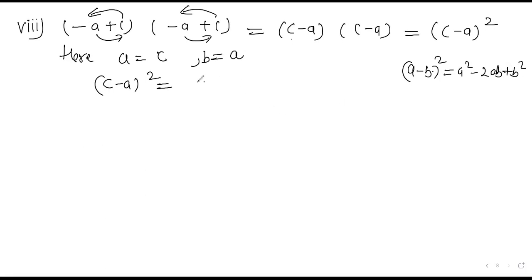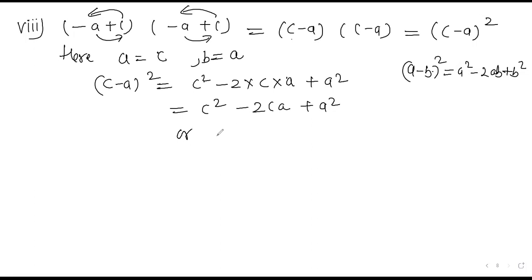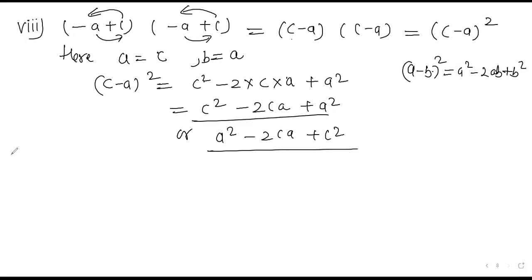So c square minus 2 into c into a, plus a square. So you will write c square minus 2ca plus a square. Okay, right? So this is the answer for the 8th part, or the answer can be written in this form: a square minus 2ca plus c square. It doesn't matter, both are the same thing.